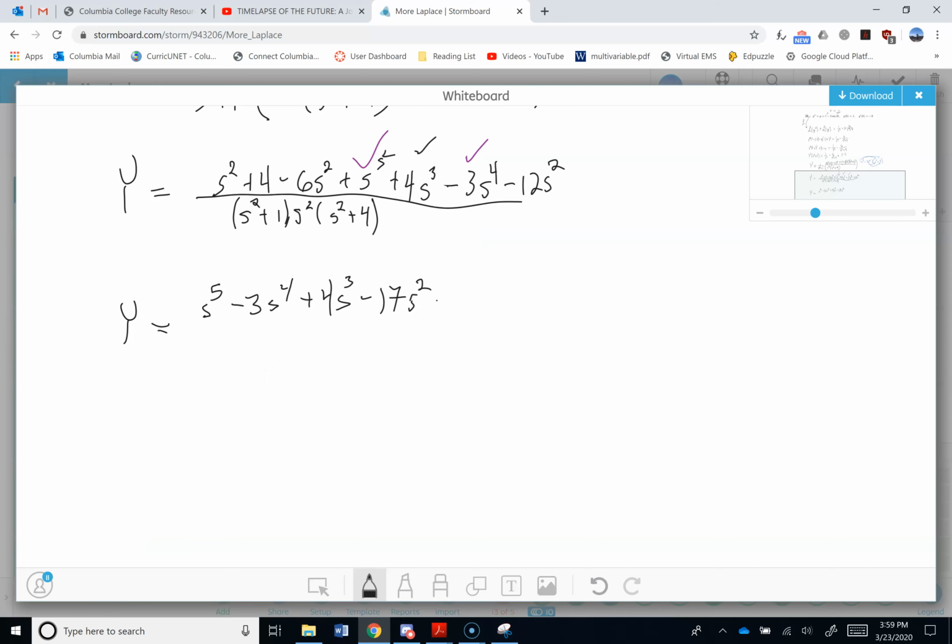And then I have plus 4. And then this is all over s squared plus 1 times s squared times s squared plus 4.